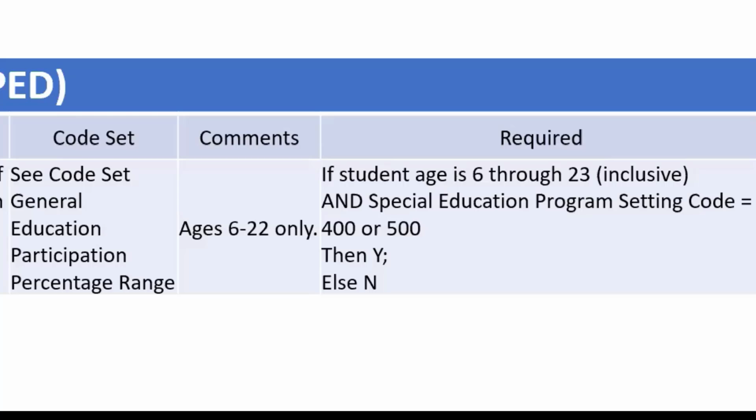That's good to know. It refers us to the code set. Okay, so that's another document we should look at. And it has comments. It says for ages 6 to 22 only. That kind of conflicts with the error. However, the error is new, and so this most likely will be revised. And then it says if a student is age 6 through 23 inclusive and the special education program setting code is 400 or 500, then yes.